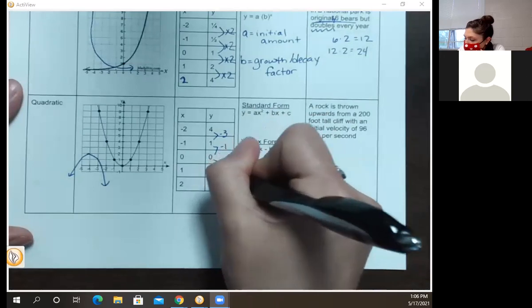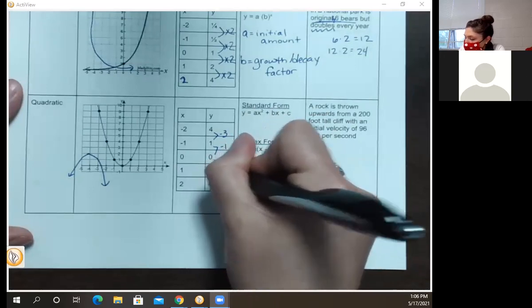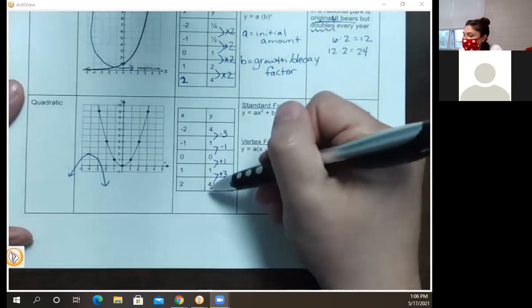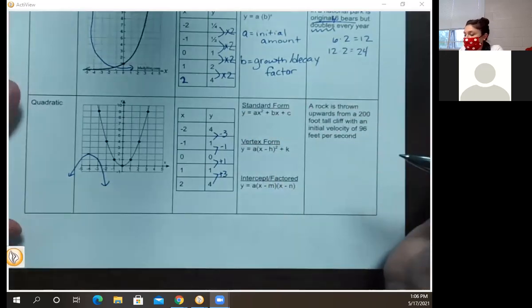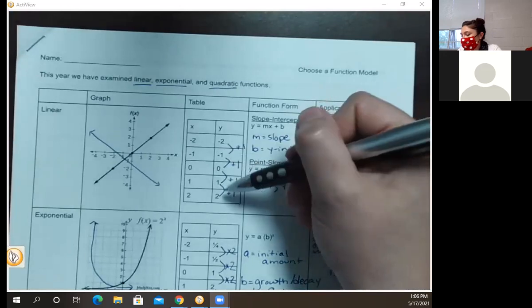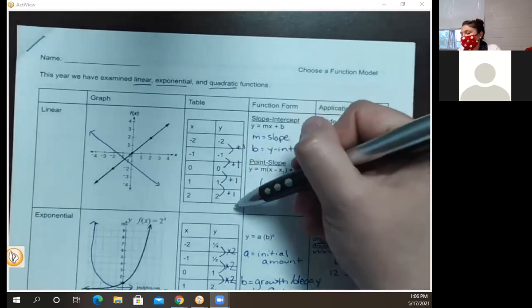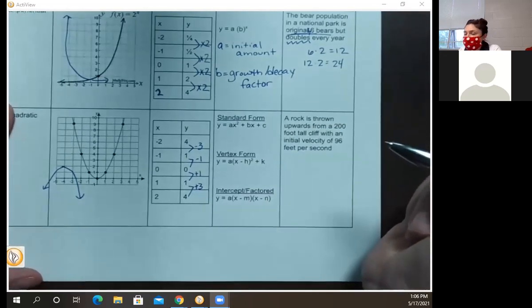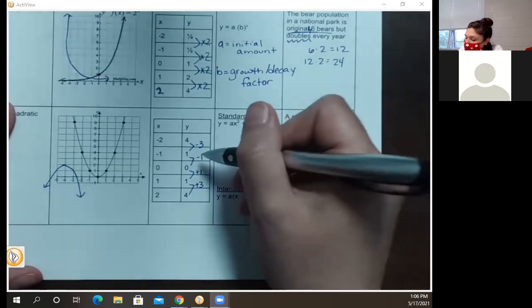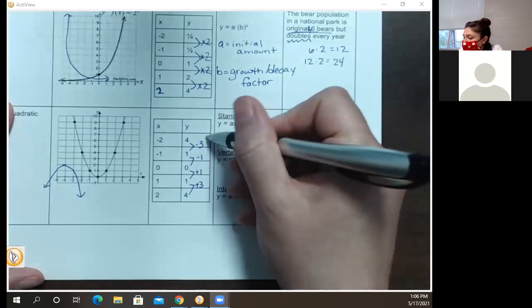To get from 1 to 4, we would add 3. So for my y values, I am not adding and subtracting the same thing every time. In our linear functions, it was the y values that changed by the same amount every time. We don't have that here for our quadratic functions, but there is a pattern in these numbers.